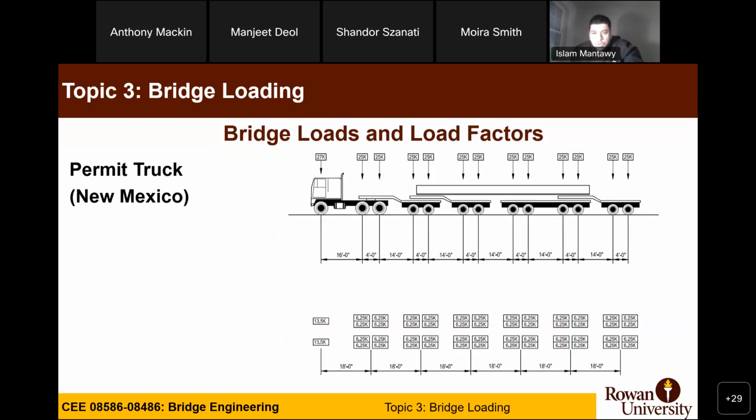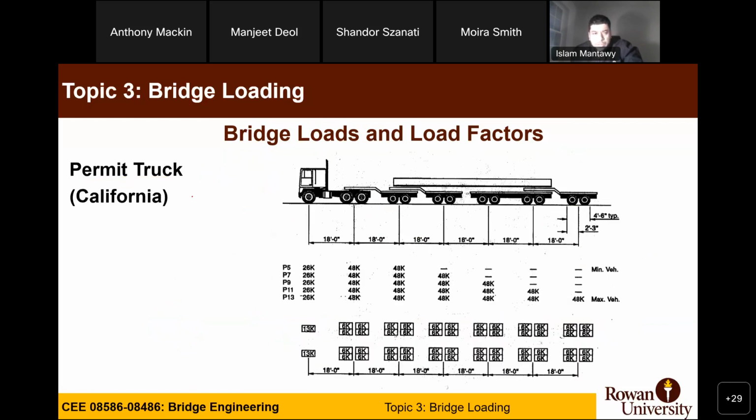Okay, so this is for the state of New Mexico. And this is the P5, P7, P9, P11, P13 for California. If I ask Walter Ford, do you remember or have any guess why we call it 5, 7, 9, 11, 13?